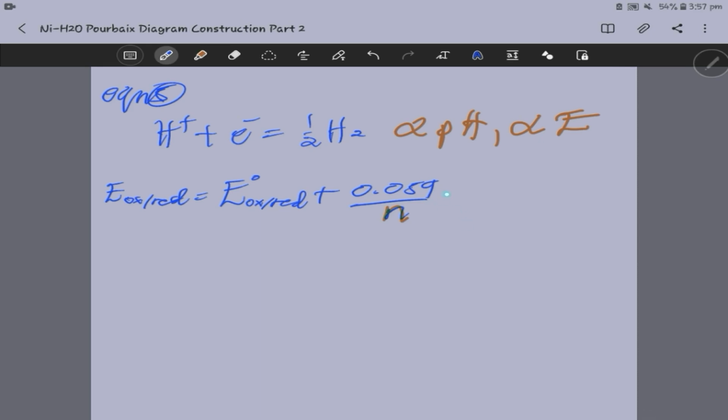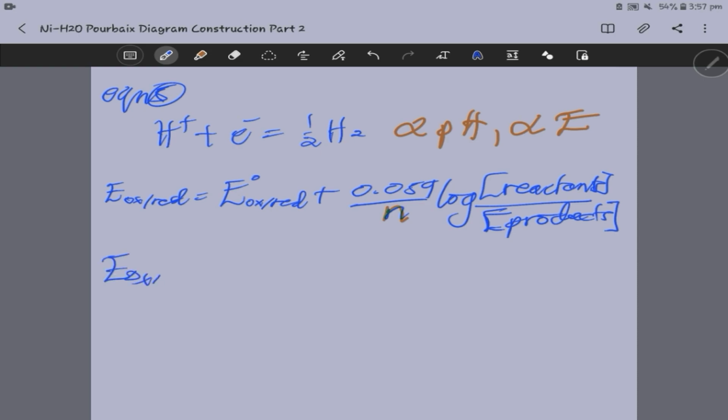And then we have log of reactants over product. There's a general equation. I'm just writing this so that we get to know what we are doing. That's what we're looking for, the oxide.